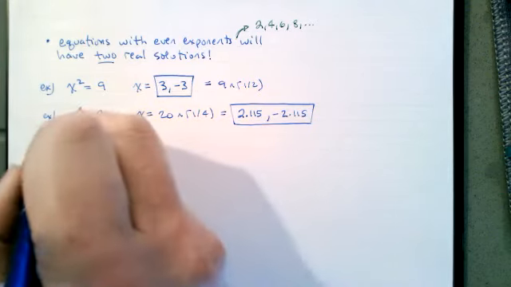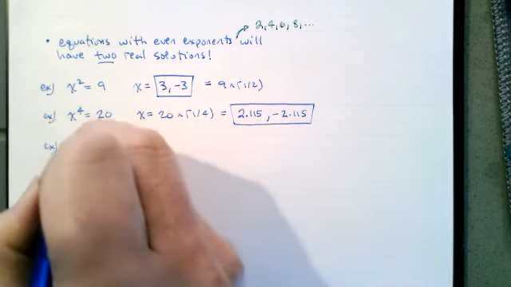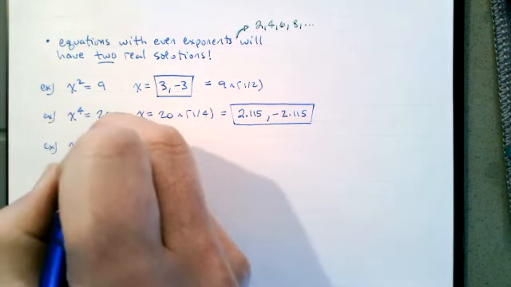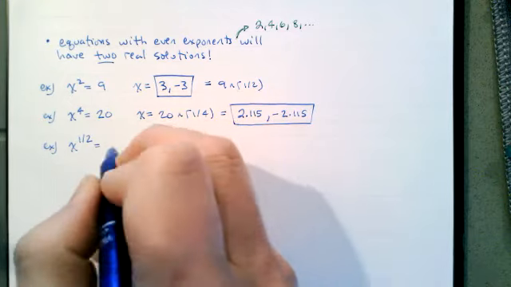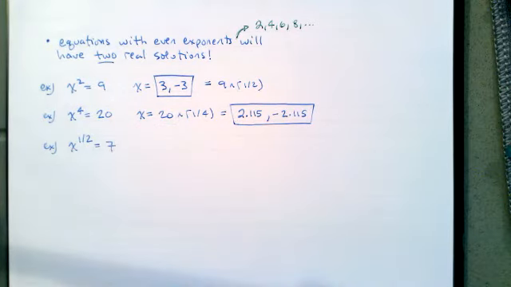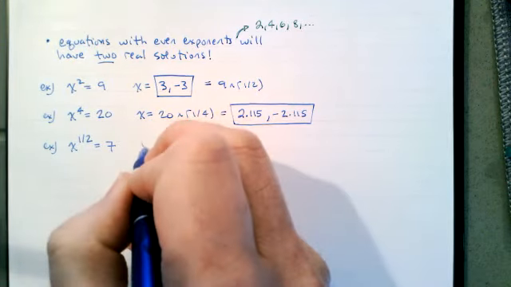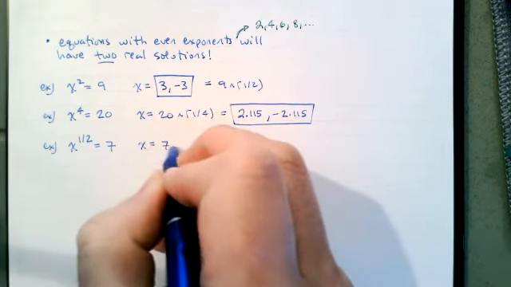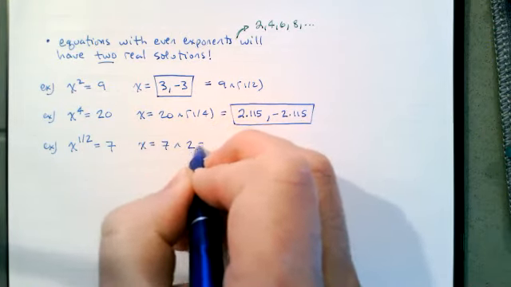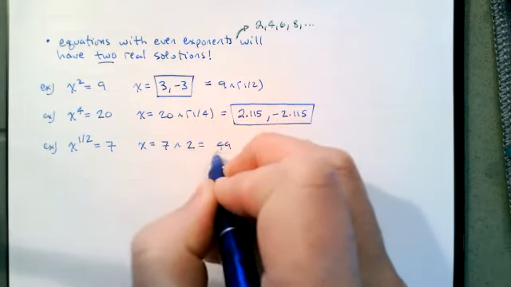If I, for example, have an equation that says x to the 1/2 power is 7, this is not an even exponent. It is not going to give us two solutions. We just solve x is 7 to the reciprocal exponent of 2, so 49.